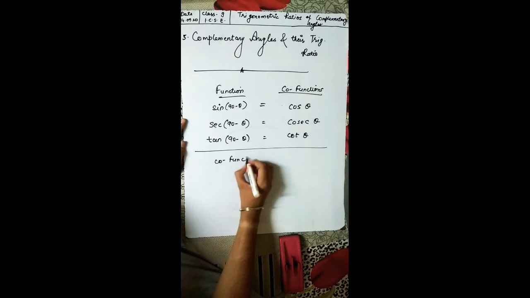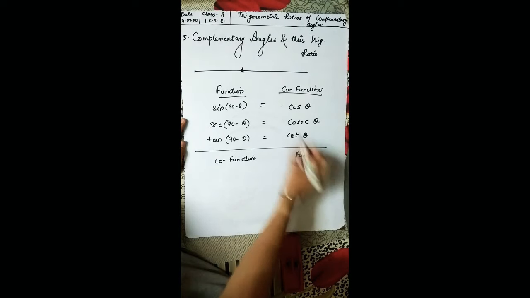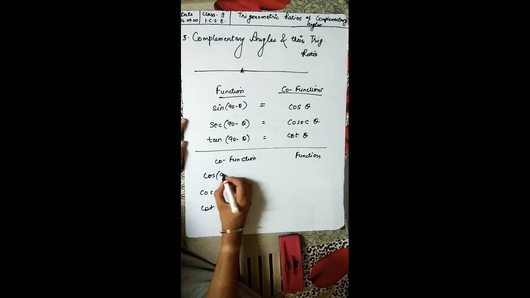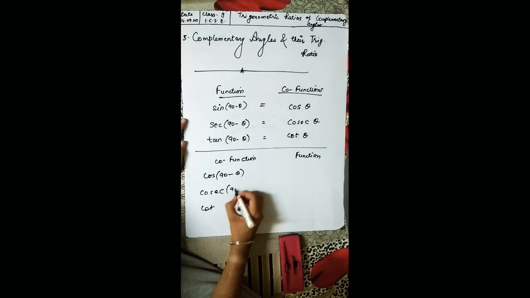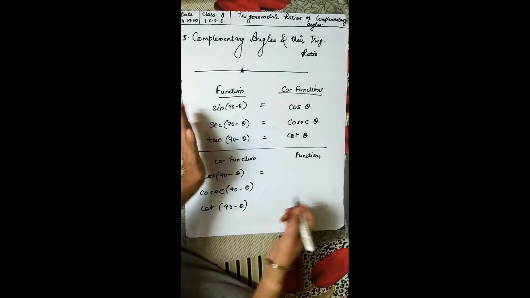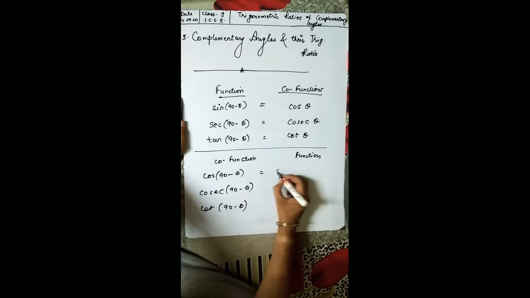Cofunction and function. Cofunctions cos, cosec, cotangent or cot change into their function. If a function changes into its cofunction, then the cofunction again changes into the function.